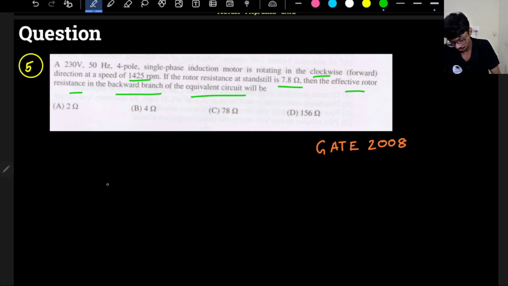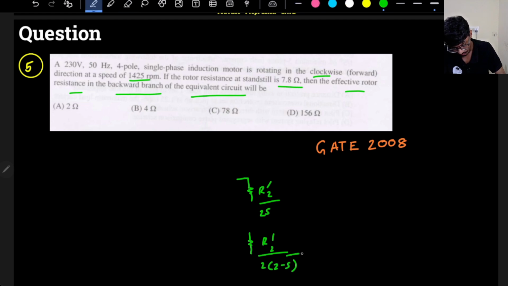If you remember the standard circuit, this was R2 dash divided by 2s. I had the leakage reactance, I am not drawing it, and this was R2 dash divided by 2 into 2 minus s.